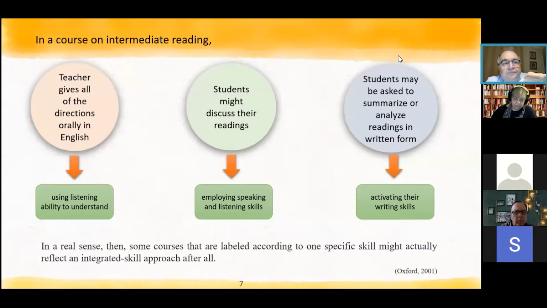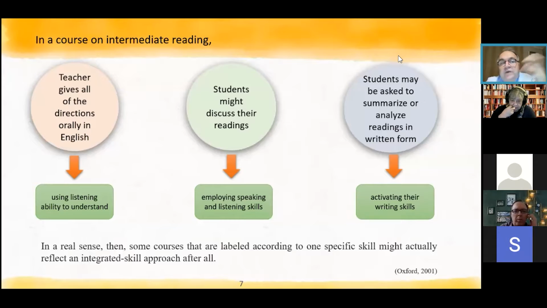Could you please pay attention to the first instruction? Teacher gives all of the directions orally in English. The second one, students might discuss their readings. And the third one, students may be asked to summarize or analyze readings in written form.